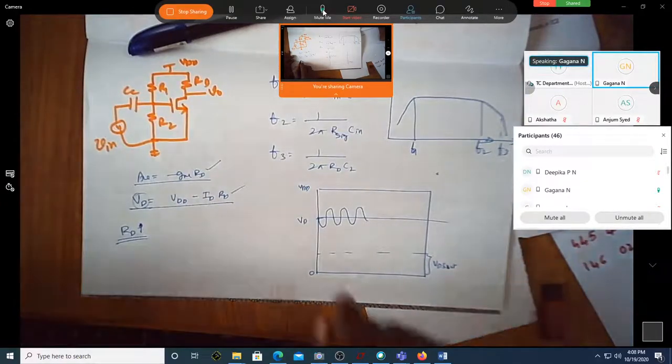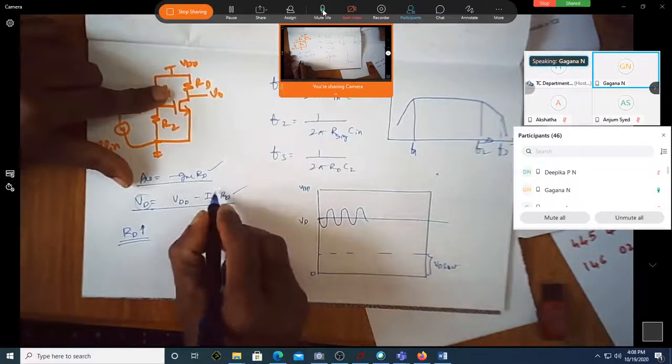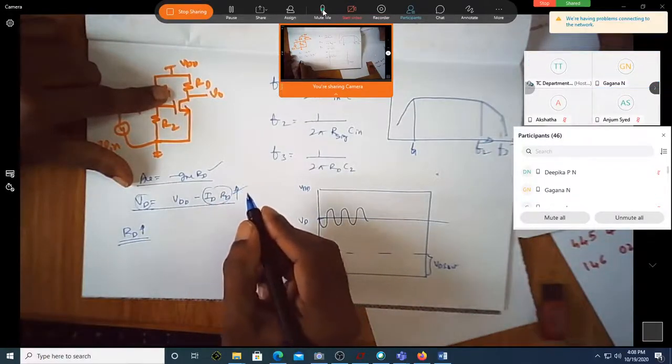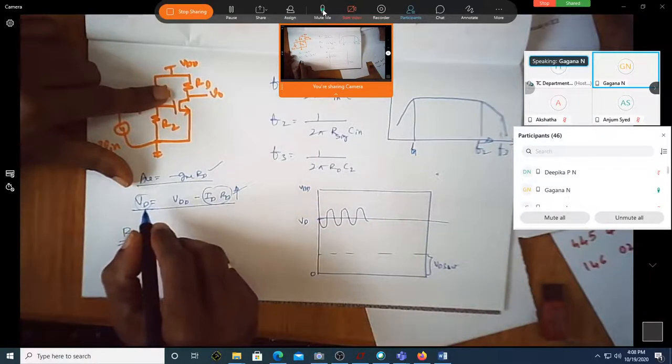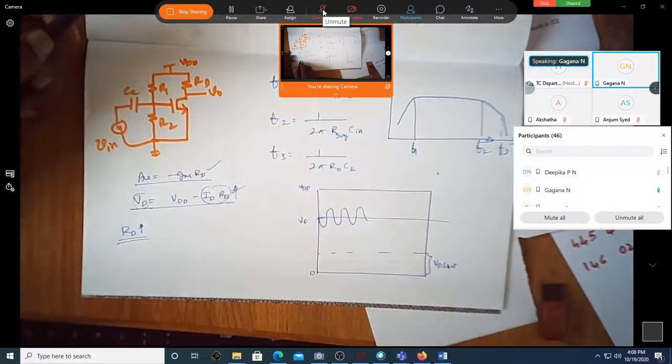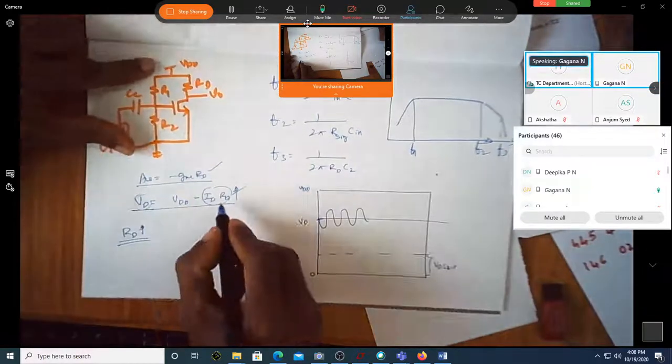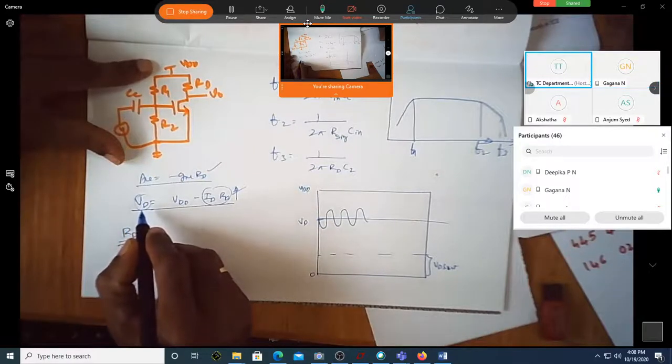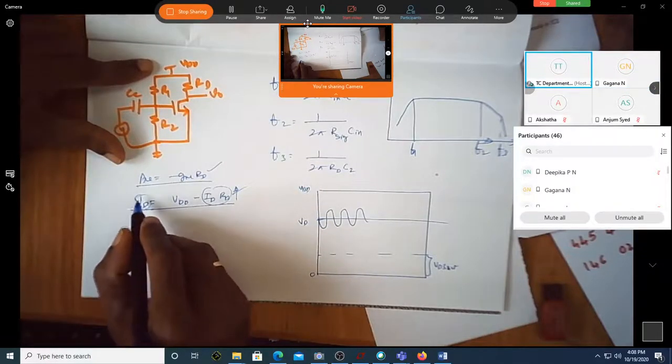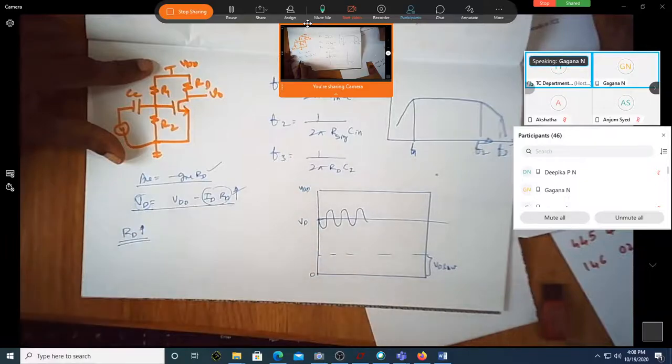If your RD increases, does this quantity increase? Hello. Okay, one second. If I increase the value of RD, does this VD come down? Yes, sir. Sir, video is stuck.